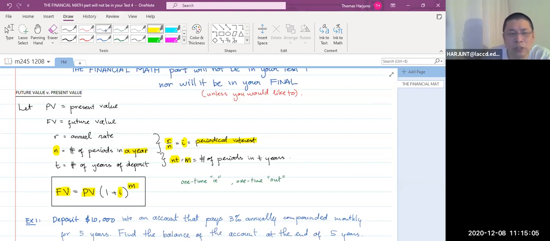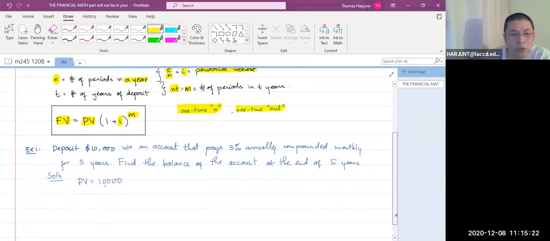The structure is basically one time in, you deposit the money one time. And then after waiting for 3 years, you take all the money out. So one time in, one time out.